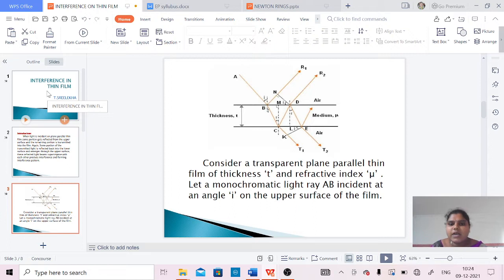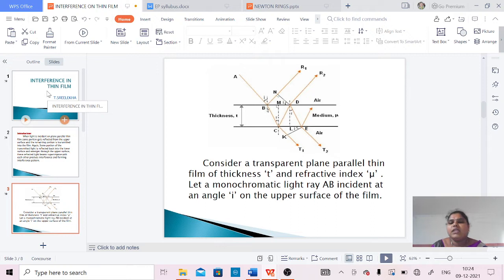Here we are considering a film of thickness t and the refractive index of the medium is mu. So consider a transparent plane parallel thin film of thickness t and refractive index mu. What is meant by refractive index? It is the ratio of the velocity of light in a vacuum to the velocity of light in a particular specified medium.